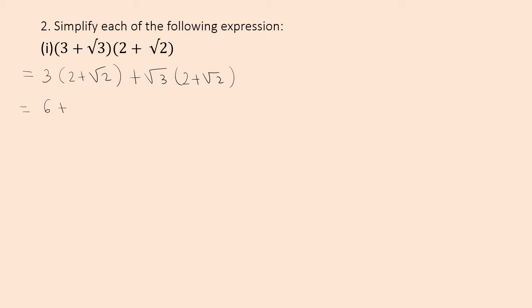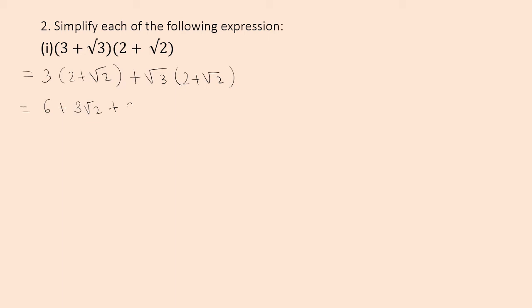3 is a rational number and root 2 is irrational. So you have to write it as 3 root 2 plus root 3 multiplied by 2. Here also root 3 is an irrational number and 2 is a rational number. When you are finding the product, always write the rational number first.